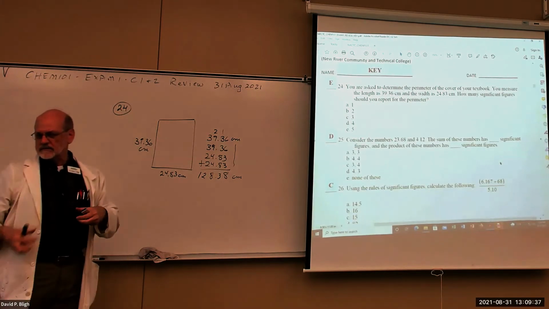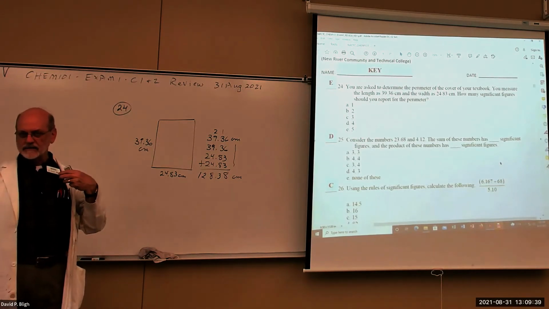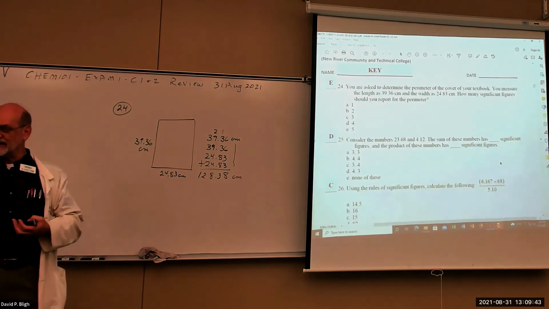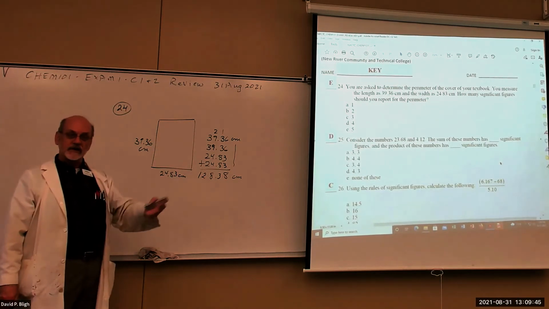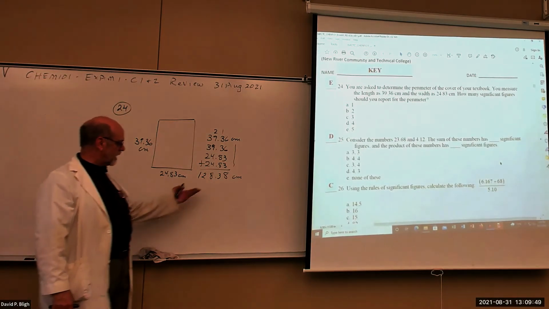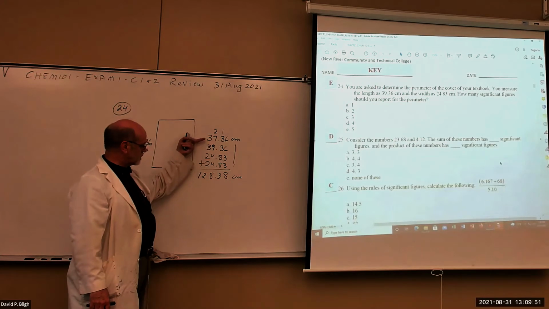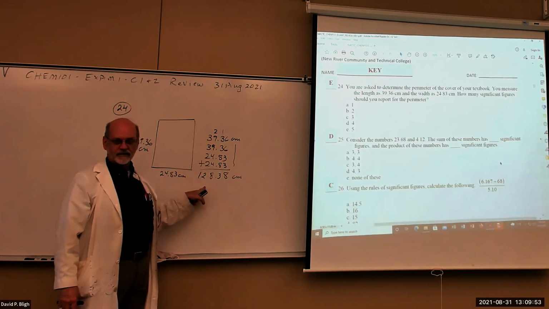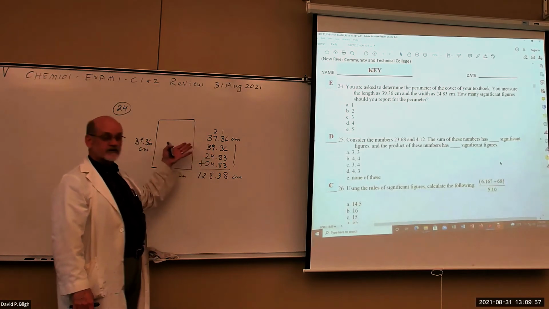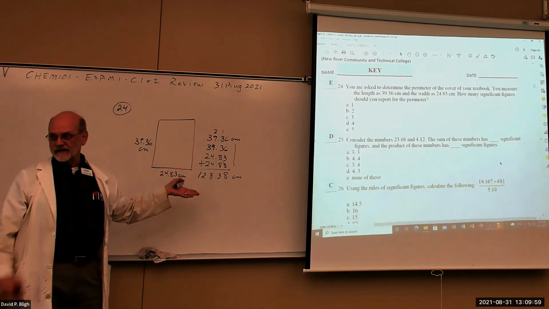That's what's tricky about the add subtract rules. You can't tell how many significant figures the final answer has until you actually do the calculation. Sometimes it'll come out more than you expect. Like you start off with 4, you end up with 5. Sometimes you might start off with 4 and end up with 3.